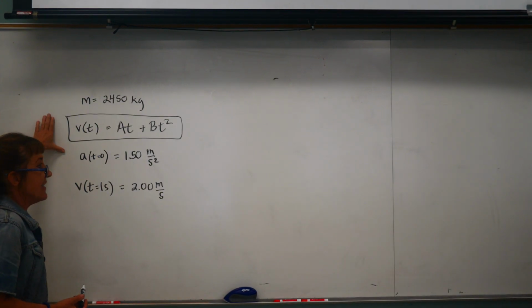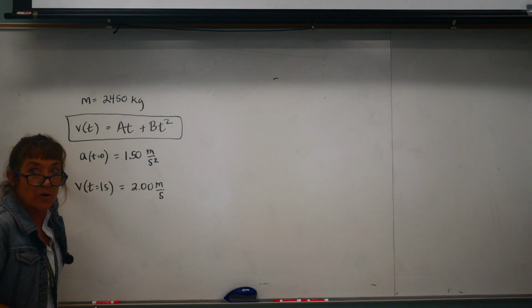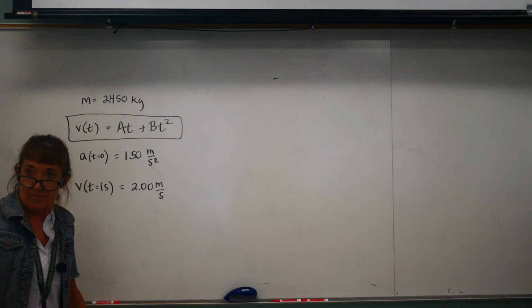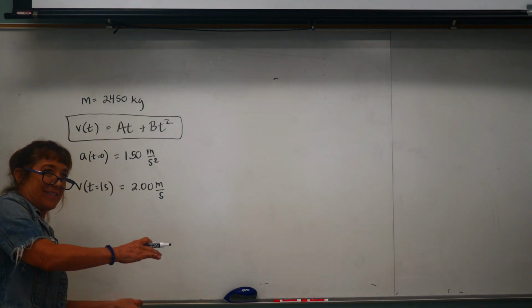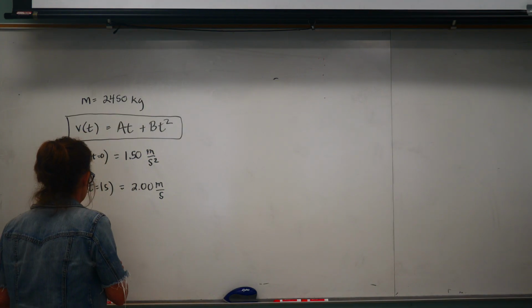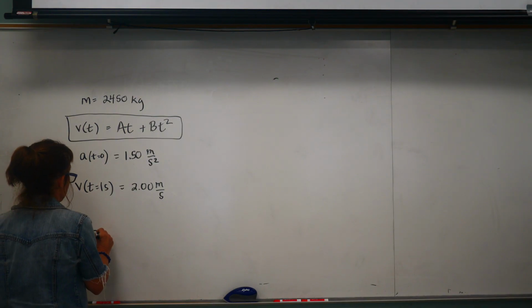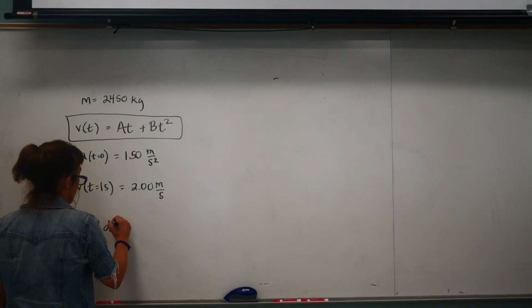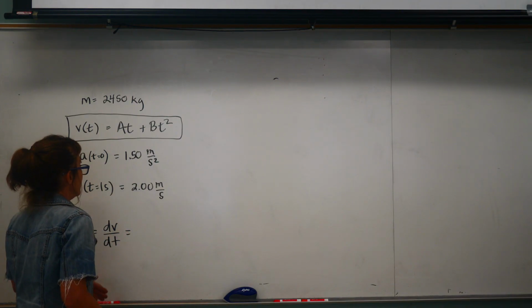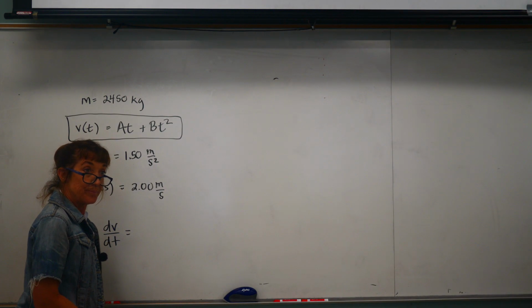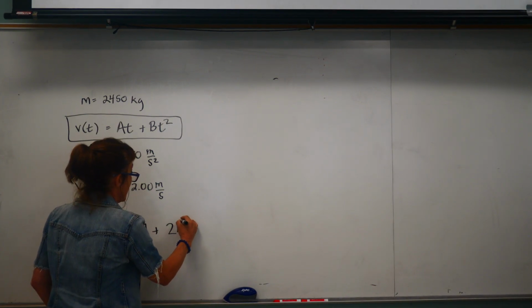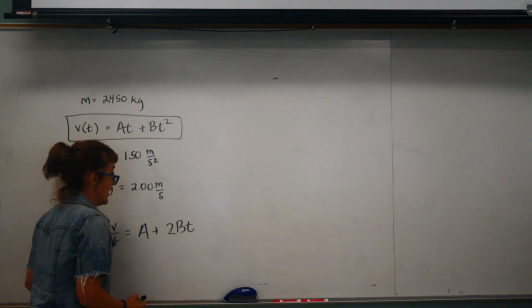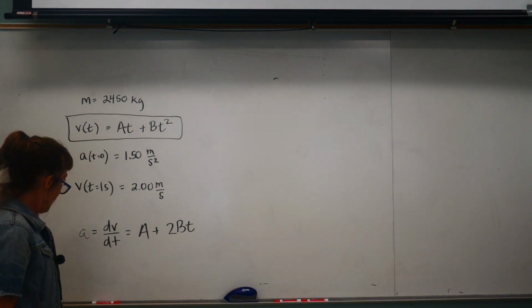How will I get acceleration from velocity? Just take the derivative, right? Don't integrate, the other way around. So a equals dv/dt, which equals A plus 2Bt.